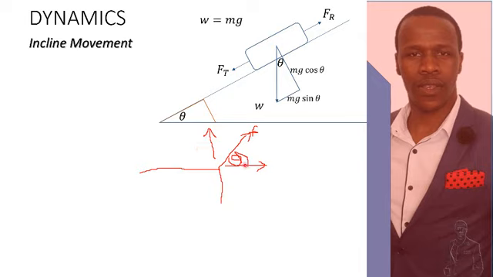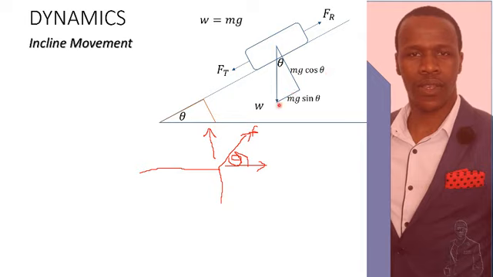Okay, so remember, the side that is adjacent to the angle, we will have cos. Now this is our angle. This side is adjacent to this angle. That is why it is cos. So it's mg cos theta, or simply put, weight times cos theta.